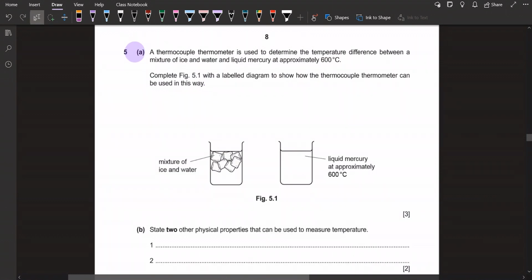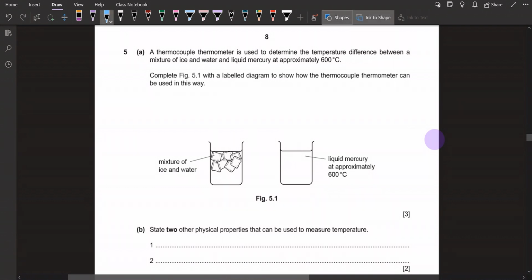Question number 5. Part A says a thermocouple thermometer is used to determine the temperature difference between a mixture of ice and water and liquid mercury at approximately 600 degrees Celsius. Complete figure 5.1 with a labelled diagram to show how the thermocouple thermometer can be used in this way. So if you have learned about thermometers, you would know that thermocouple consists of 2 wires.